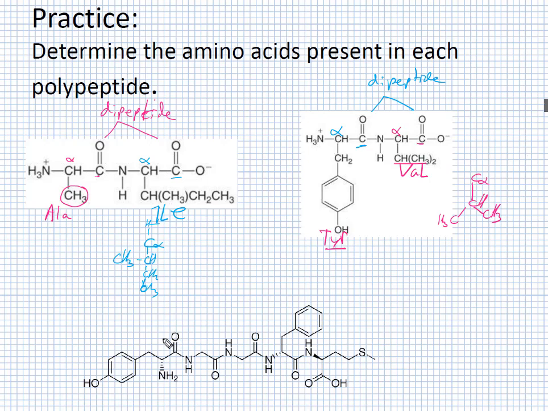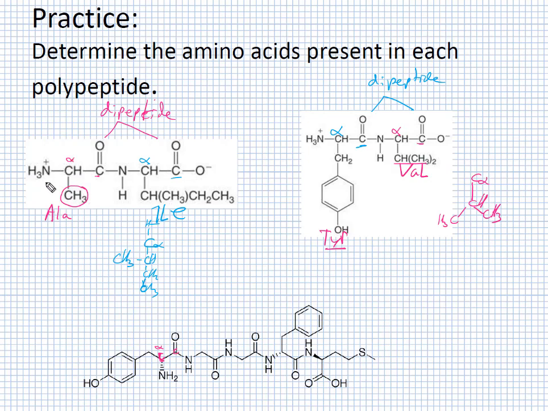The next one here, a little bit harder. What's going on here? Okay, well, here we have a carbonyl. We go here, we get to a carbon. The nitrogen's here, right? So here's the carbon. This would be the alpha carbon and an amino group. All right, same thing here. Here's a carbonyl. We go to the left. Here's an alpha carbon.